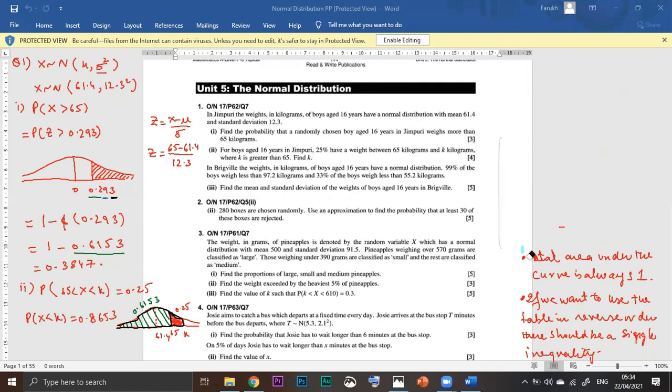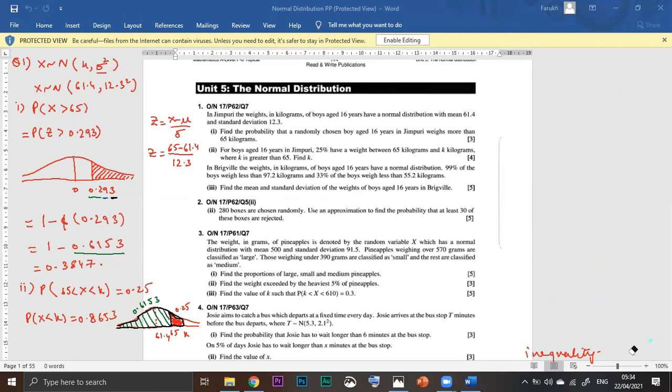From the previous part, we came to know that the area less than 65 is 0.6153. So we will draw the diagram. The diagram will help you, and you will have a clear idea about the area. From the diagram, we came to know that the area less than k is 0.8653.